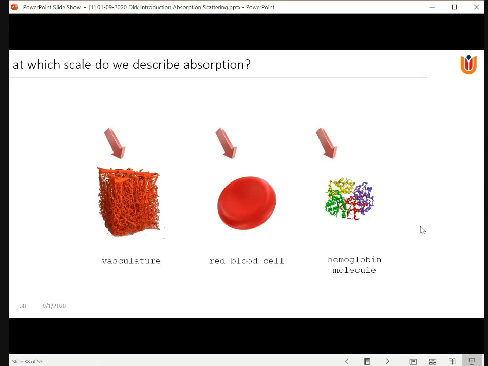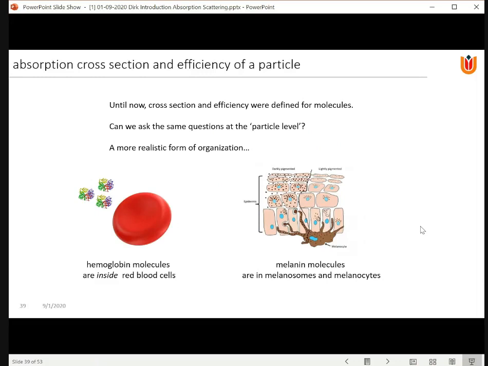So in the case of these clinical measurements, for the bilirubin meter or for the pulse oximeter, that means you need to take that into account in the analysis. You cannot just take an absorption spectrum of hemoglobin molecules and then use it. So we need some tool for that, some way of calculating that.